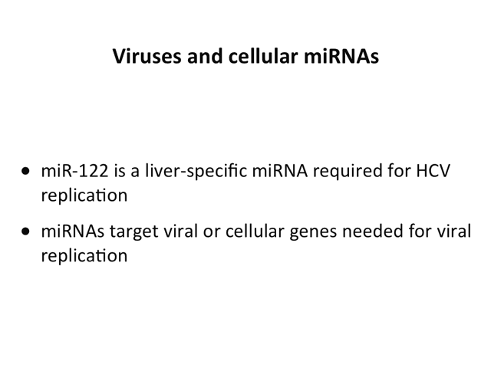So I just want to leave you with a couple of examples of how microRNAs play into virus infections. And again, remember, there are both viral microRNAs and there are cellular microRNAs, which have different roles. So here's an example of a cellular microRNA. It's called miR-122.